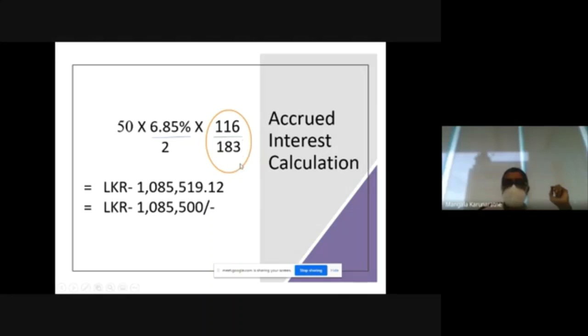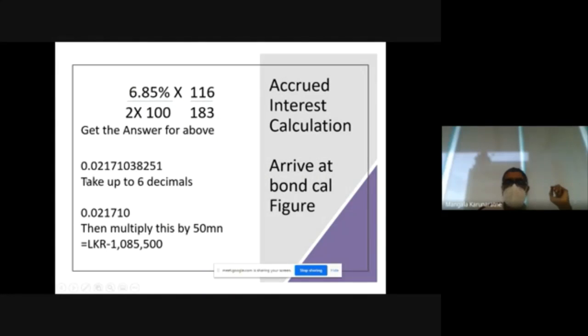Then you get these decimal places, and you take this answer up to 6 decimals. This is your multiplying factor. So this factor you multiply by 50 million, then you get 1,085,500, right? Is this clear?